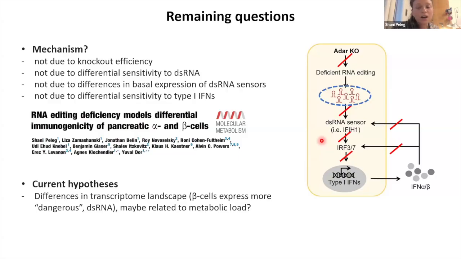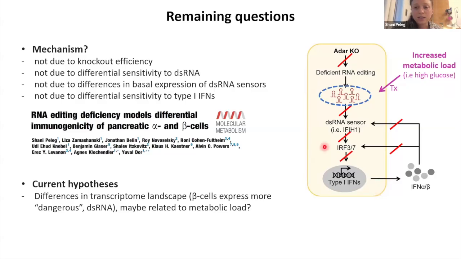And what could maybe cause beta cells to transcribe more immunogenic double-stranded RNAs? This could possibly be related to metabolic load. And this idea comes from findings from our previous Cell Metabolism paper. We showed there that increased metabolic load on ADAR-deficient beta cells led to an augmented interferon response.